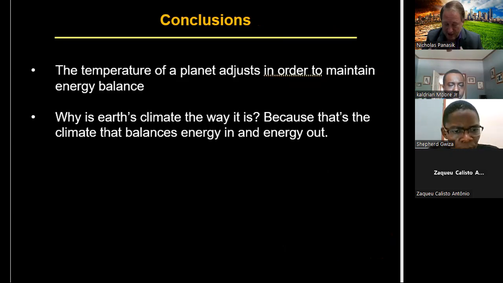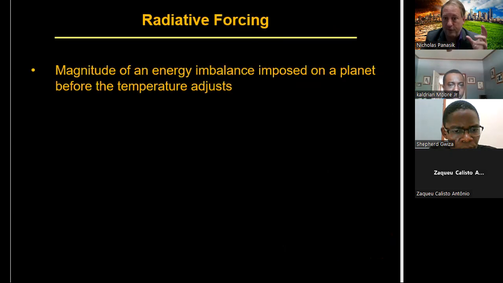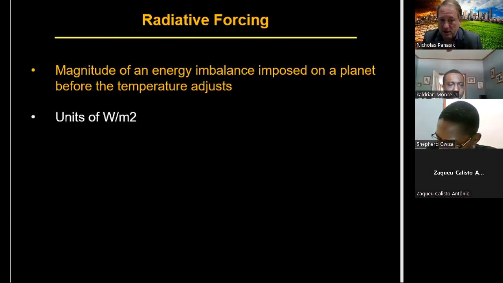Okay. And so now this allows us to introduce this concept called radiative forcing. Radiative forcing is the magnitude of an energy imbalance that's imposed on a planet before the temperature adjusts. Its units are going to be watts per meter squared.